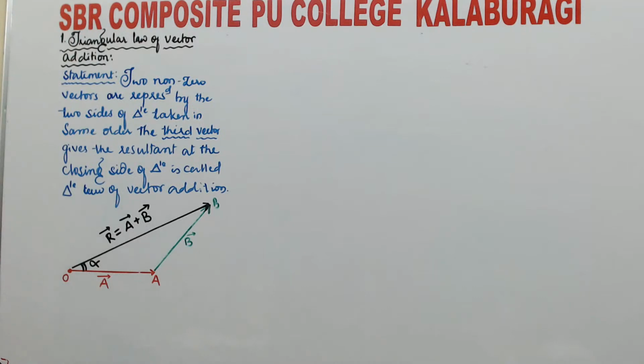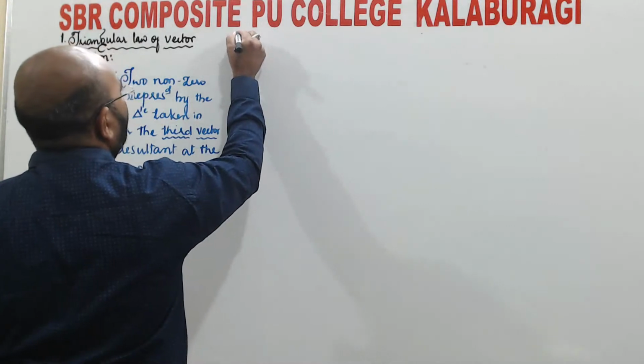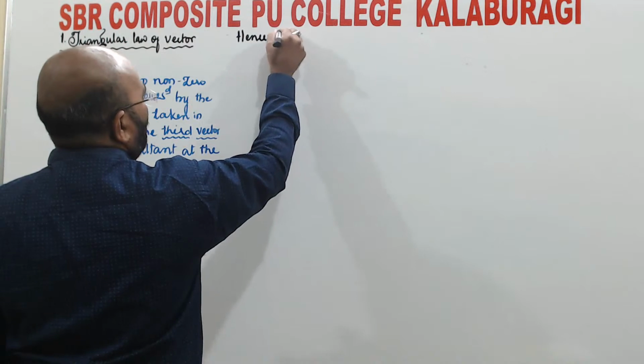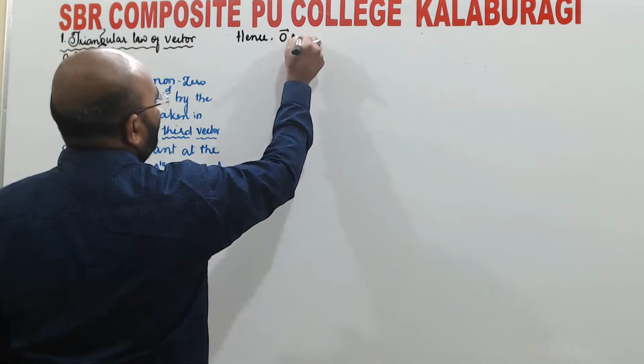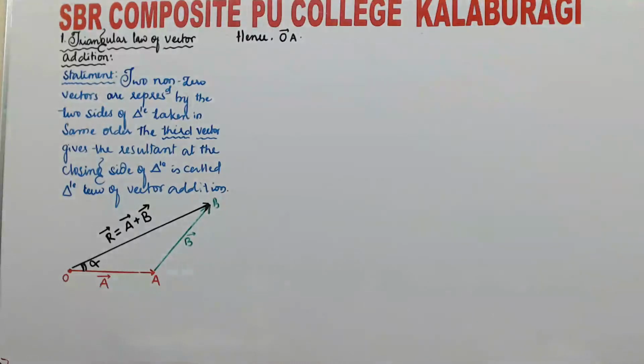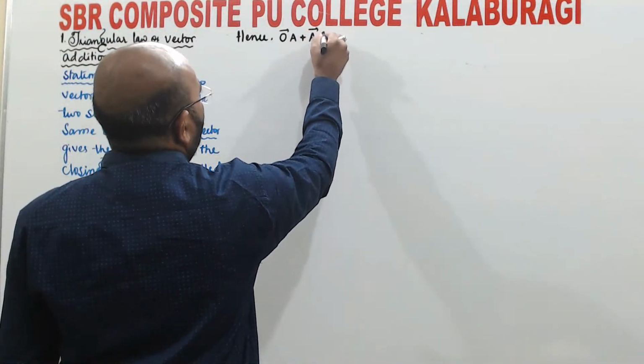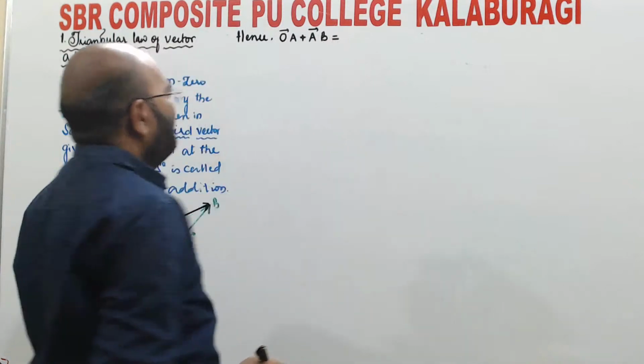Then we can write the condition related to vector addition. Hence we can write vector OA plus vector AB is equal to vector OB.